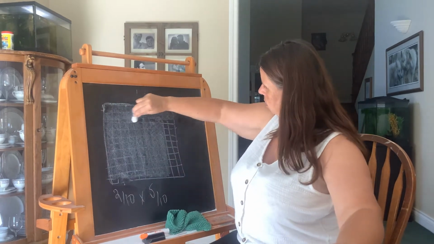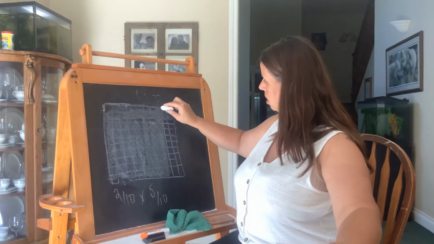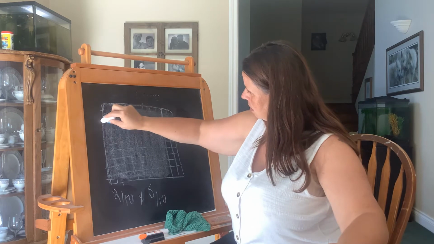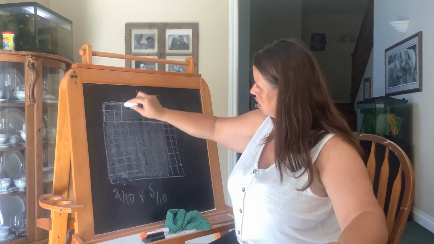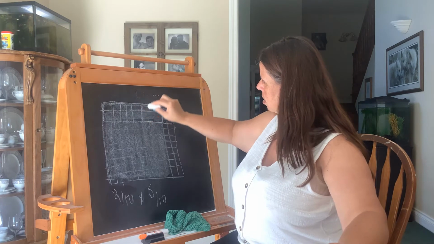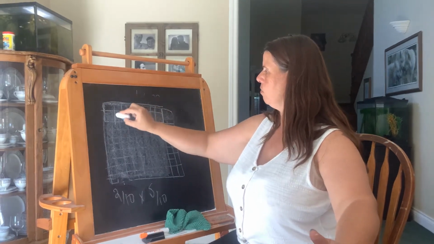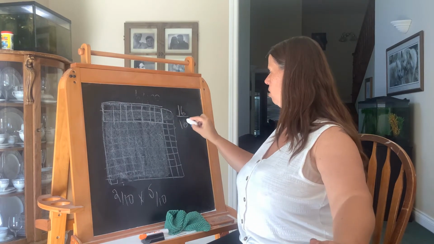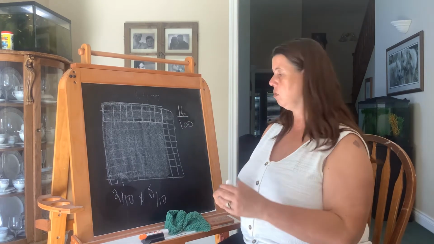Okay, 2 tenths of 8 tenths, which means the part that we care about is where it overlaps. So here to here, here to here. So it's 2 by 8. 2, 4, 6, 8, 10, 12, 14, 16. So that's 16 1/100ths. 2/10 of 8/10, 16 1/100ths. You do the last one by yourself.